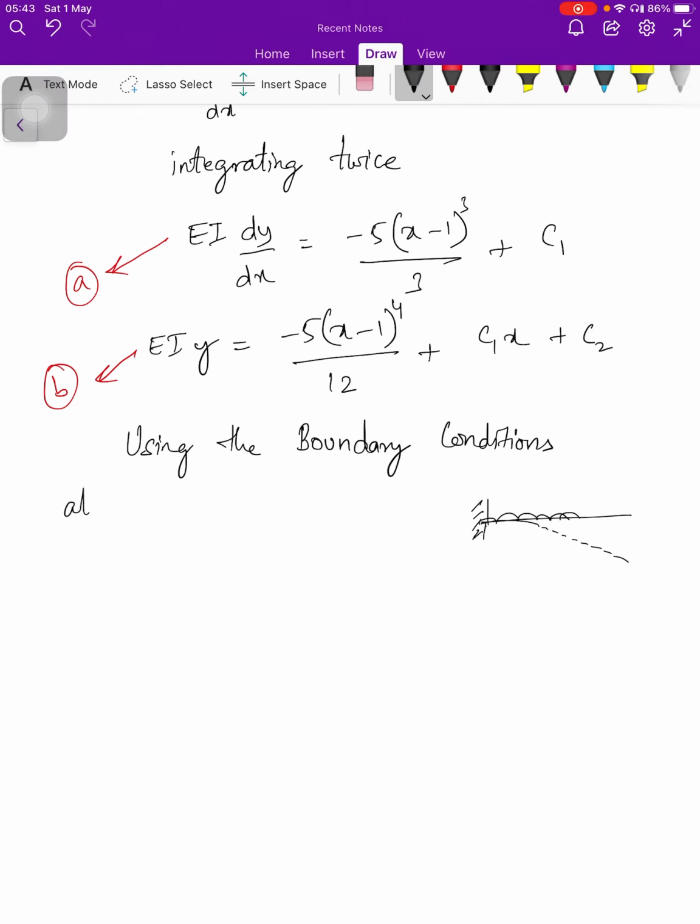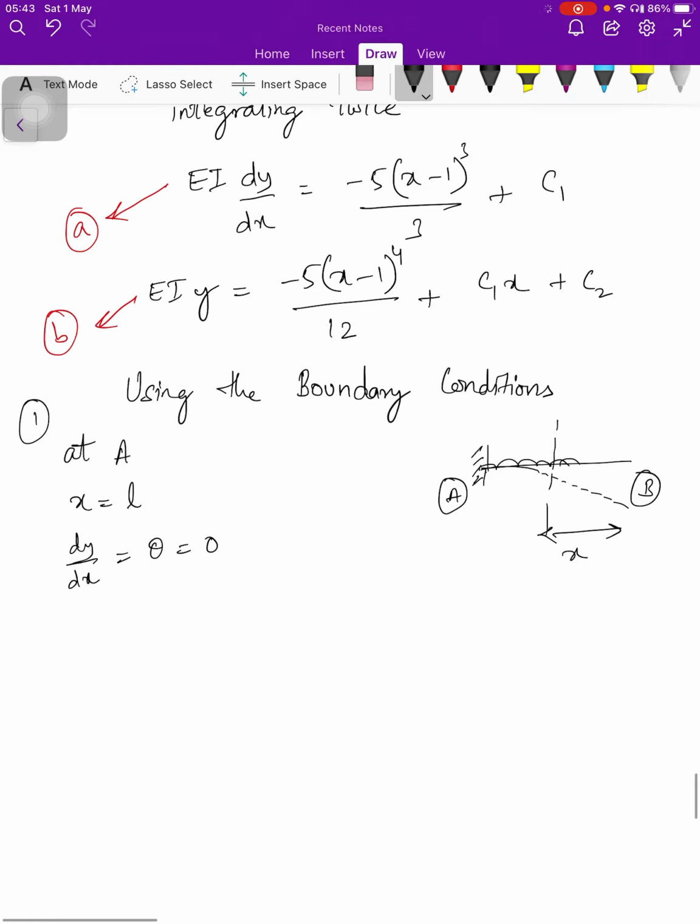So at A, now section is considered from the free end, which is x meters from the free end. So at A means x will be equal to L. You have dy by dx is equal to theta is equal to 0. So this is the first boundary condition I'm using.